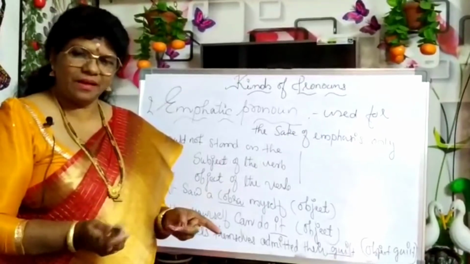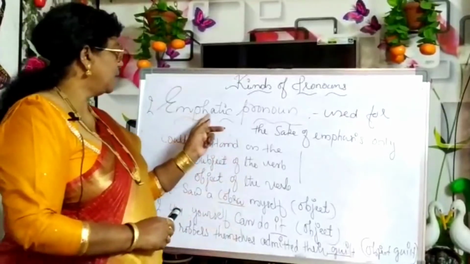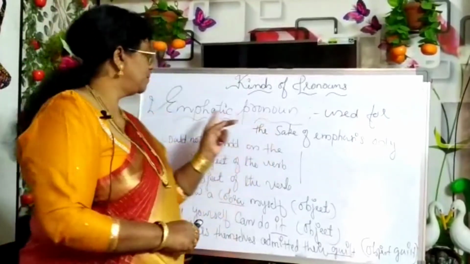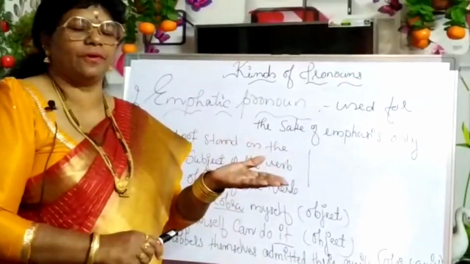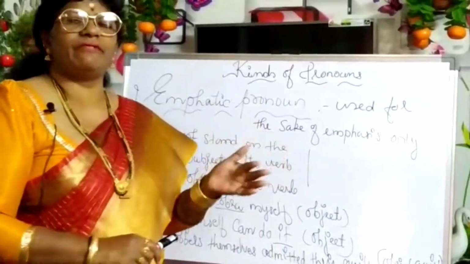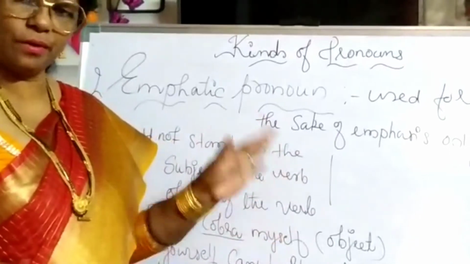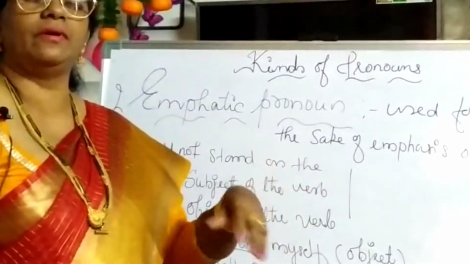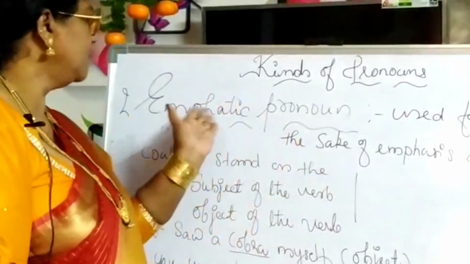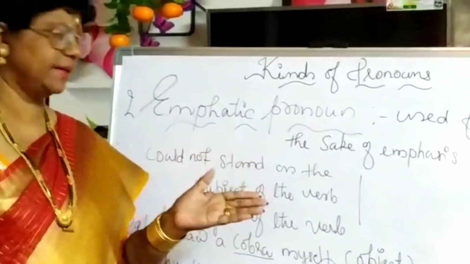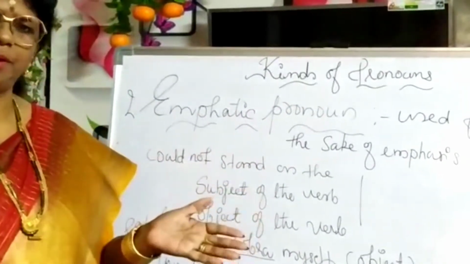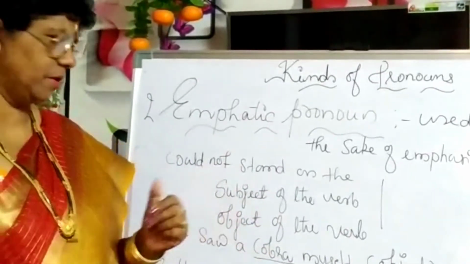Let us go through the next one, number 2, the emphatic pronoun. It is used only for the sake of emphasis. These are also self forms, but for emphasis we use the emphatic pronoun. It cannot stand as the subject of the verb or the object of the verb.